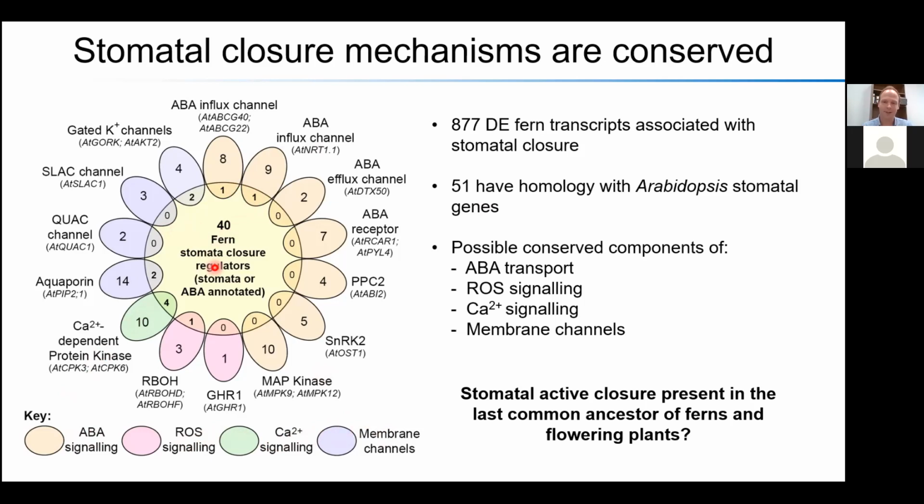So this makes us think that there is at least some conservation in the closure mechanism between ferns and Arabidopsis. And so that's exciting because we can now say that actually plant stomata had an active closure mechanism before flowering plants first evolved. It may have changed a bit, but it was there, and we've pushed that back into evolutionary history.